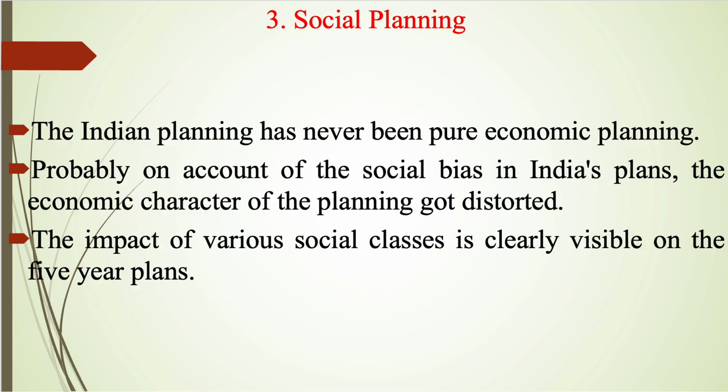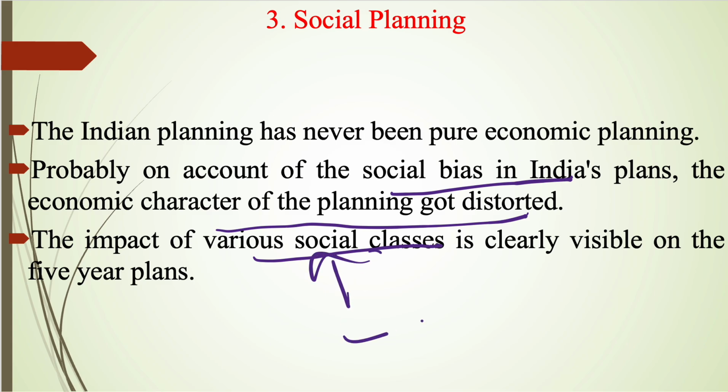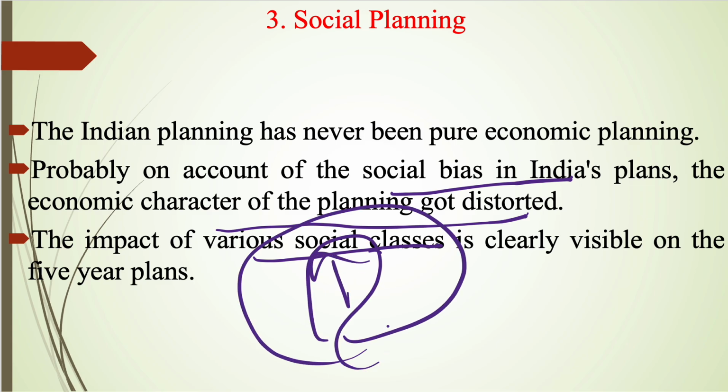The third feature is social planning. The Indian planning has never been pure economic planning. Probably on account of social bias in India's plans, the economic character of the planning got distorted. The impact of various social classes is clearly visible on the 5-year plans. Basically, the planning is done on the basis of caste, society, religion and so on.